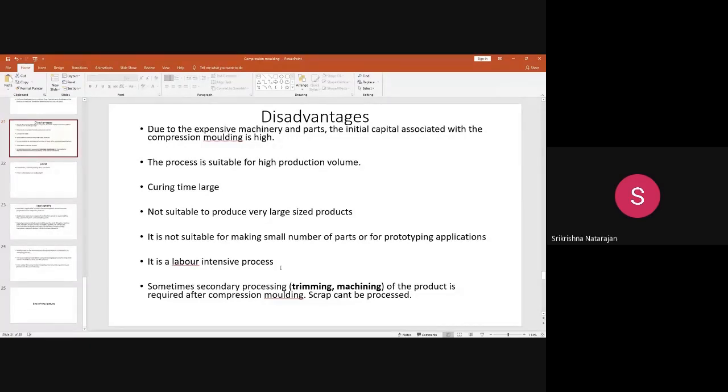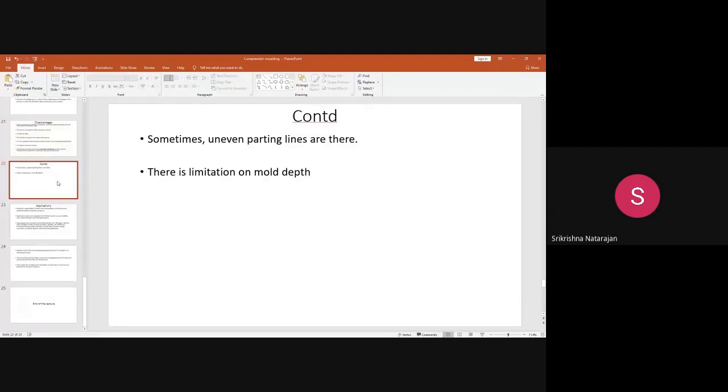Processing that scrap is very difficult, because if it is a thermoset type of matrix used in compression molding, once it reaches the C stage, it is completely cured. In that case, you cannot recover it back. It is not a reversible process, so you have to only destroy it. So that will be difficult.